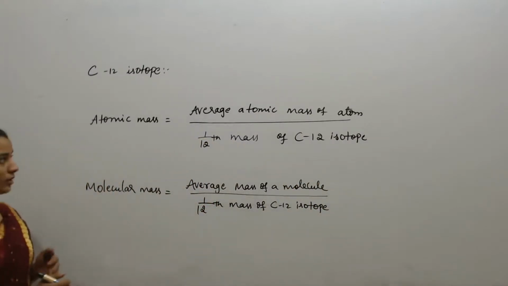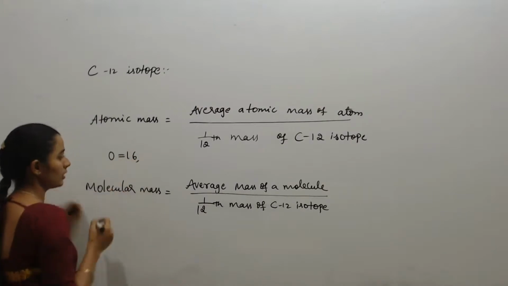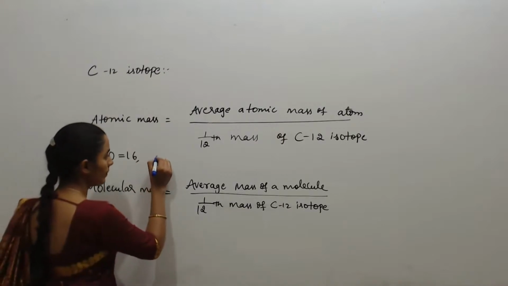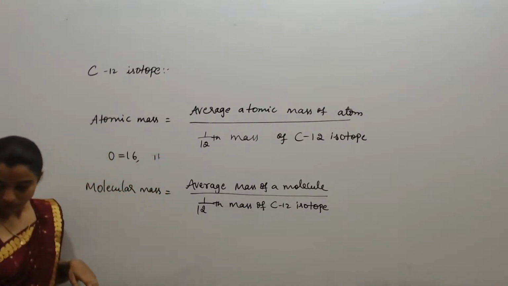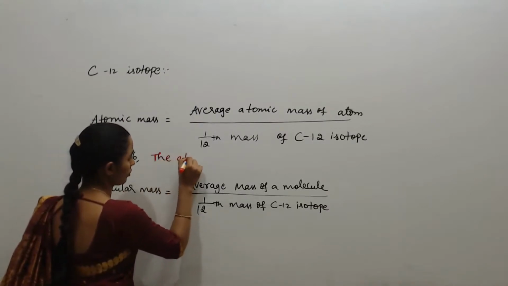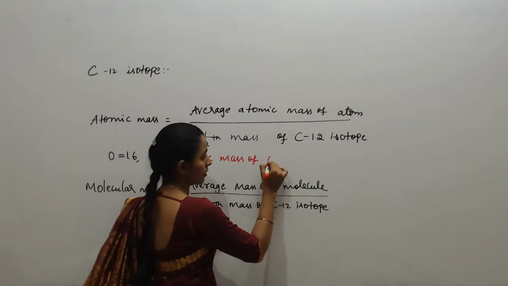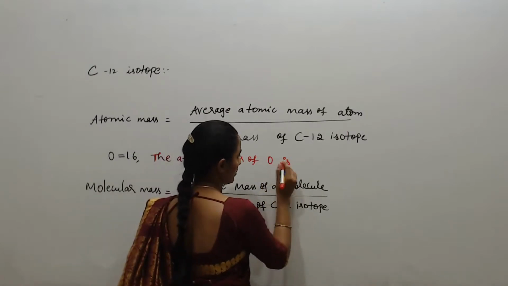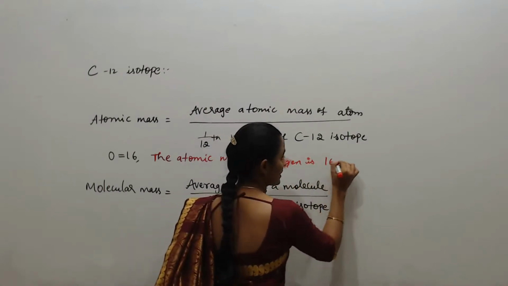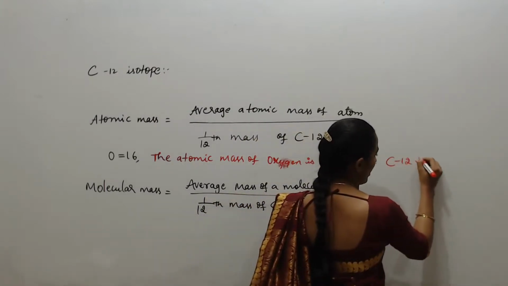What does it mean, students? For example, the atomic mass of oxygen is 16. What does this atomic mass give? It shows that the atomic mass of oxygen is 16 times the mass of the carbon 12 isotope.